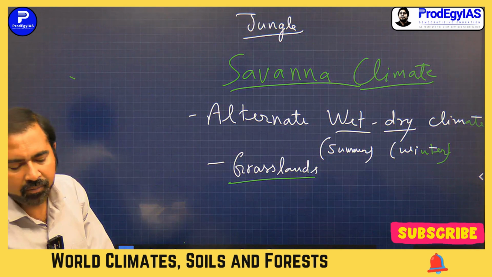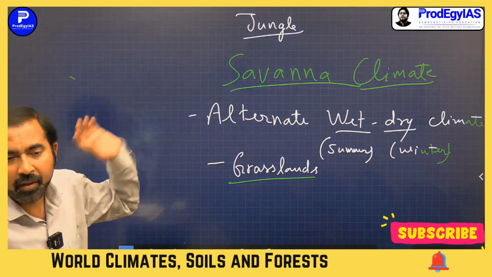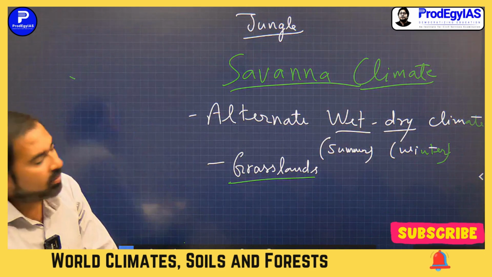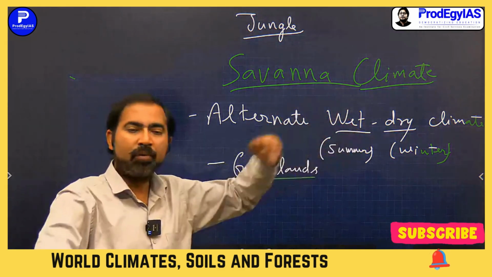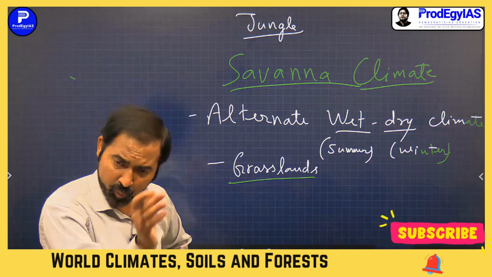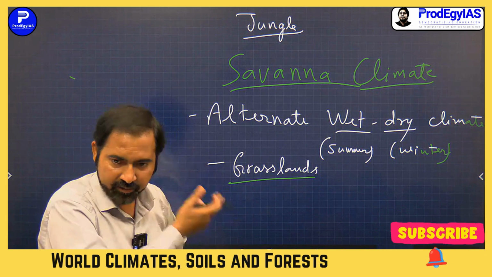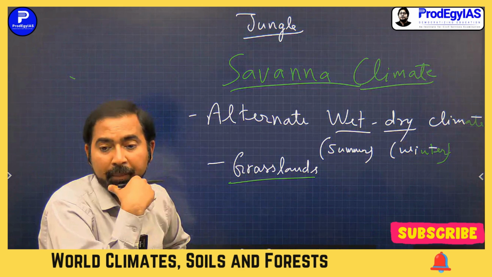That is why the region of Mediterranean climate, which also has two types of season throughout the year, but there most of the rainfall occurs in winter. That is why you will not find grasslands in Mediterranean type of climate.